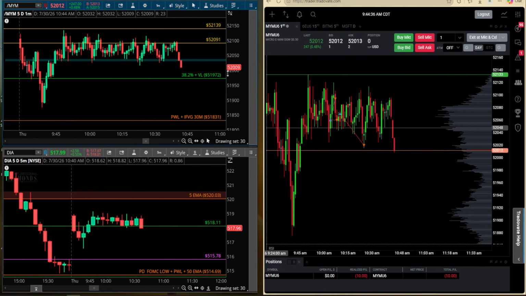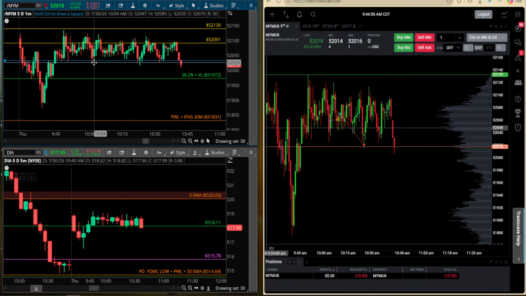So we are below this fair value gap. Yeah, below this fair value gap, a couple of 1 minute candles below this will give some momentum to the downside and potentially target the opening range low.